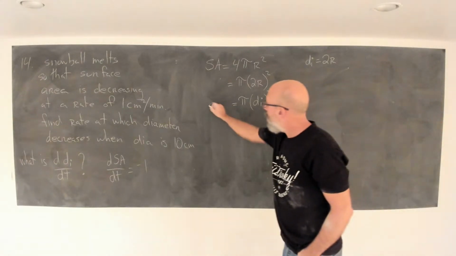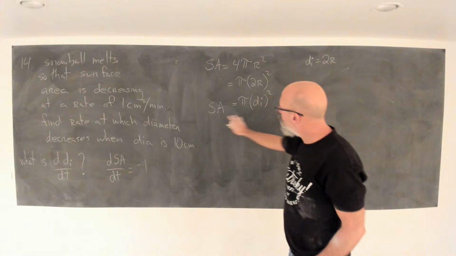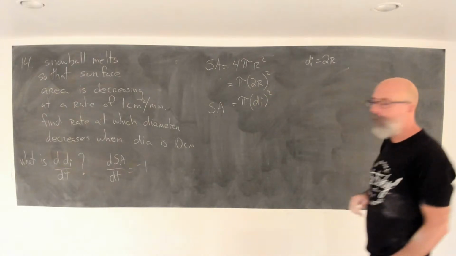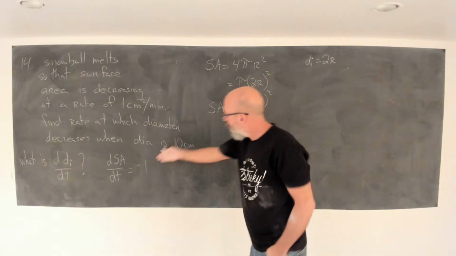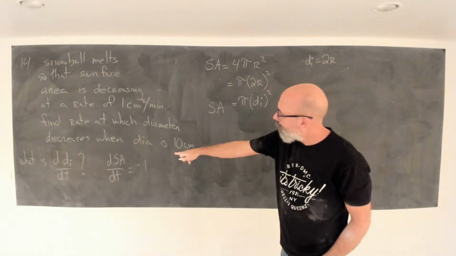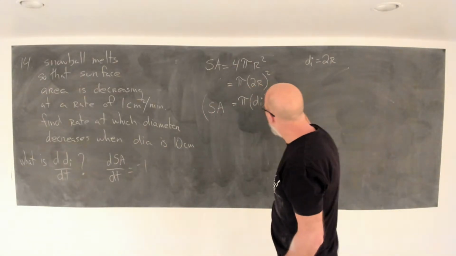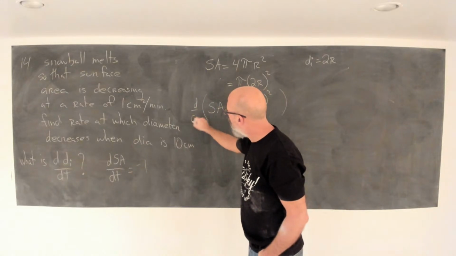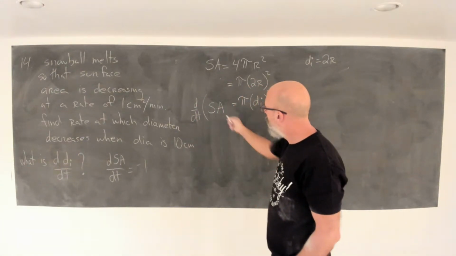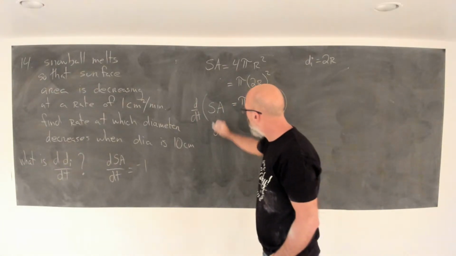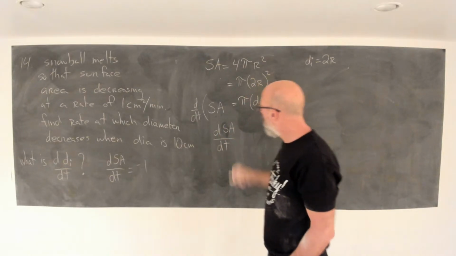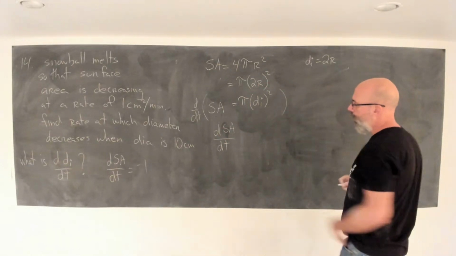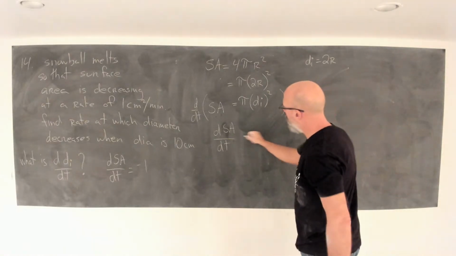So you see, you have this nice relationship between the surface area and the diameter. What are we given? We're given the rate of change of the surface area. Let's differentiate this whole thing with respect to t. So on the left-hand side, the rate of change of the surface area.